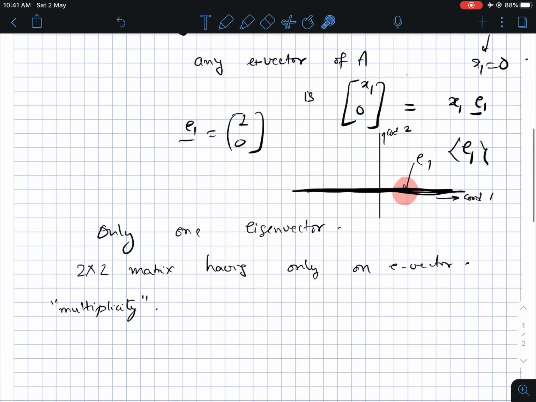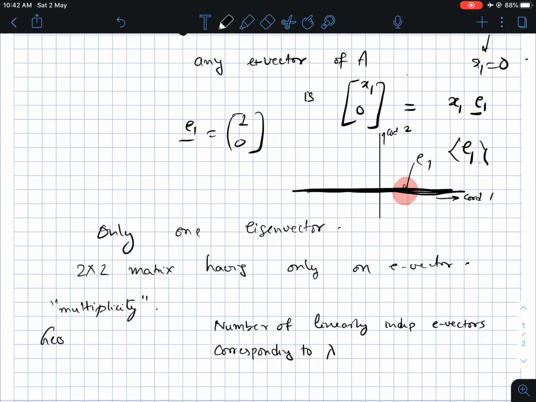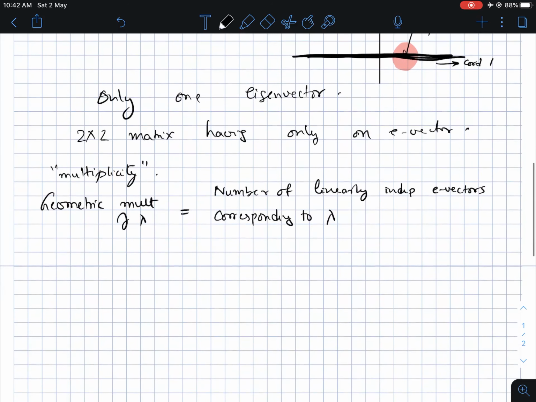That multiplicity is the number of linearly independent eigenvectors corresponding to lambda, and that we will call the geometric multiplicity of lambda. The geometric multiplicity of lambda is the number of linearly independent eigenvectors corresponding to lambda.